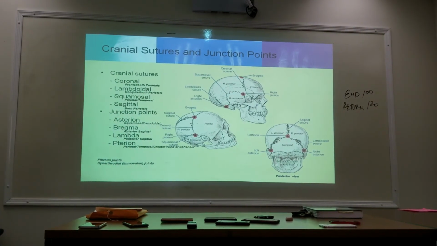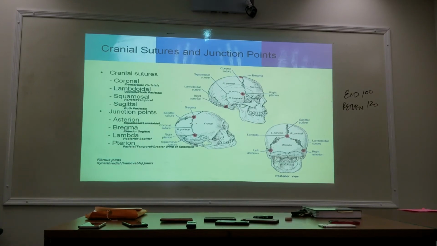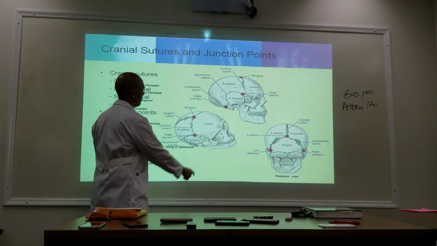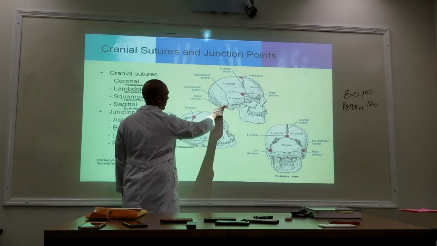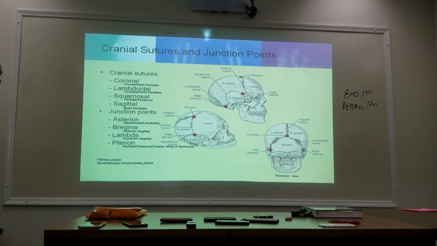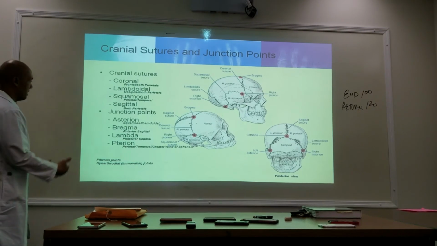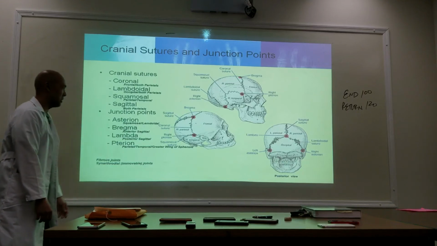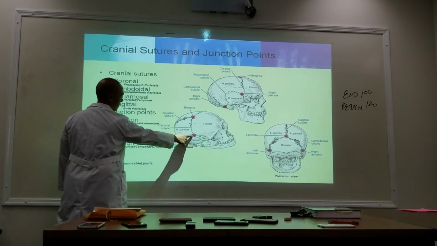The asterion is where the squamosal and the lambdoidal meet, which is right around here. And the last intersection here, we covered asterion, bregma, lambda, and then the pterion. The pterion is the intersection between the parietals, temporal, and the greater wing of the sphenoid, right here.